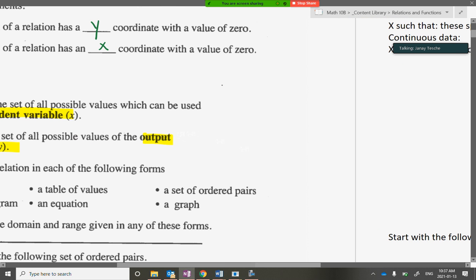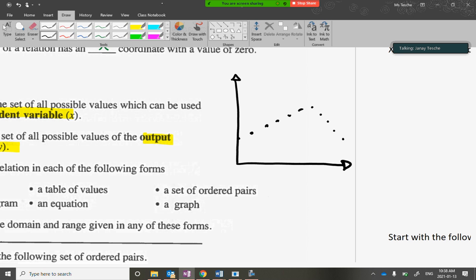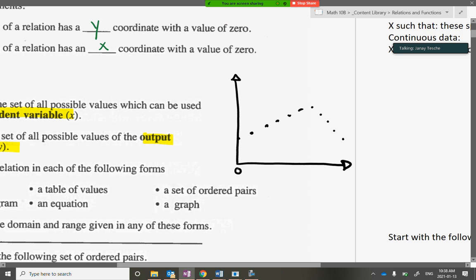So if I was drawing a graph like this, discrete data, just like that. Let's label this 0, and let's say this is 10. And the maximum, like the hill in my little graph here, is at 6.